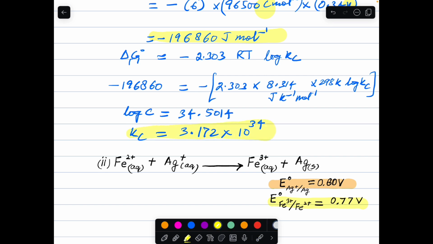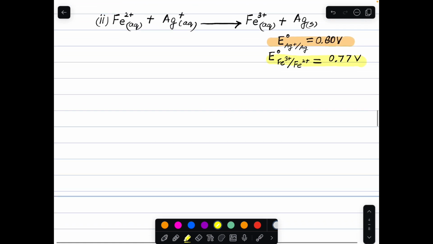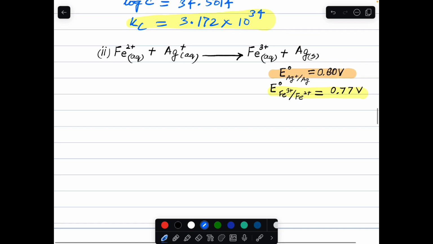Now the second part of the same question, here we have again the same idea. Cell reaction is given to us, and in this case first we have to locate the anode and the cathode. Your iron from +2 state, that is ferrous state, is going to ferric state. So this process is the oxidation, and therefore it is the anode.